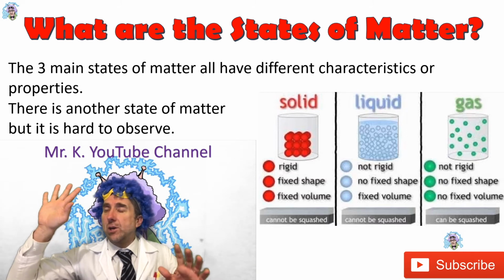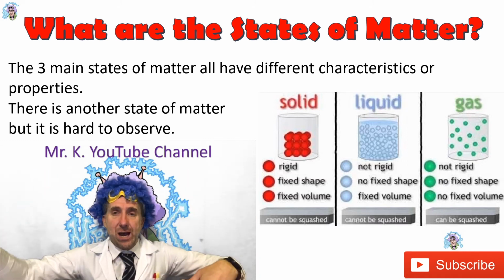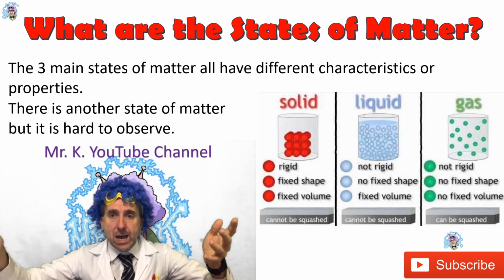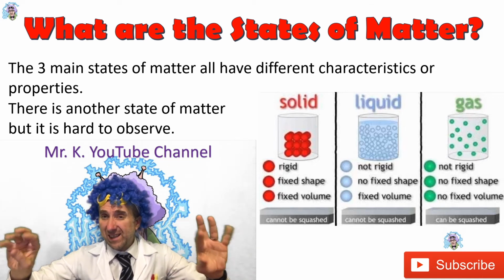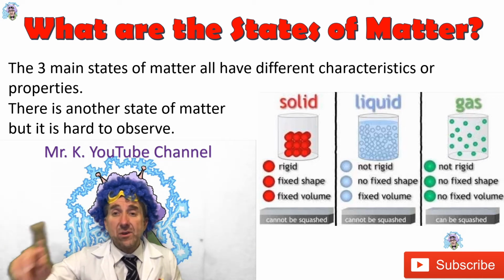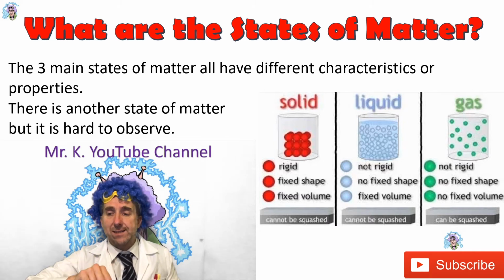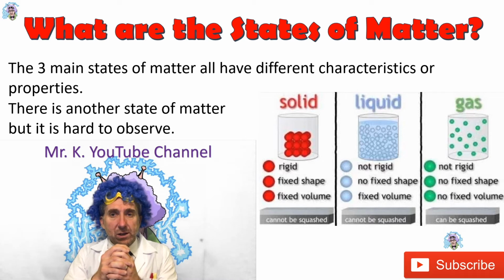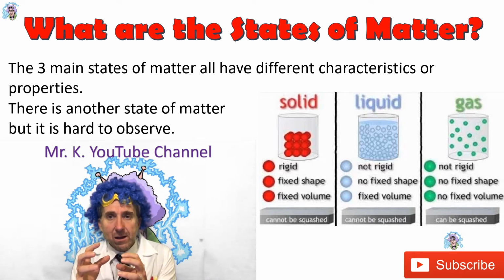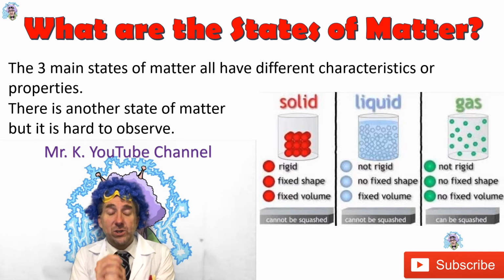It's soft. You can put your hands through it and it changes shape, like air. But interestingly, you can't feel it that easily. And the other interesting characteristic of a gas is that you can squash it so that it takes up less of an area than it originally had. Okay, so that's interesting, isn't it?